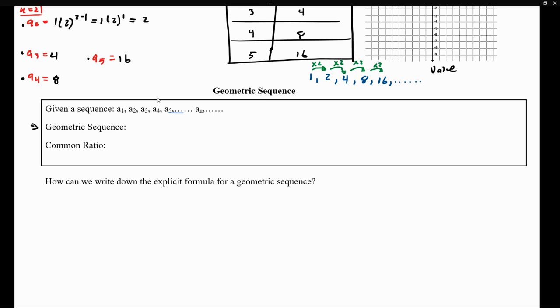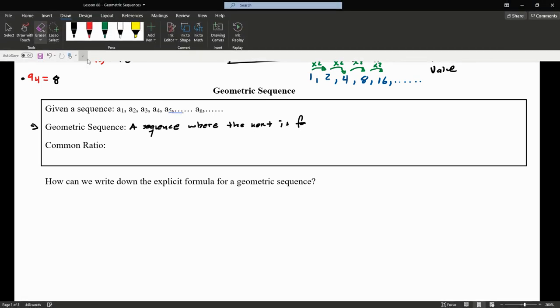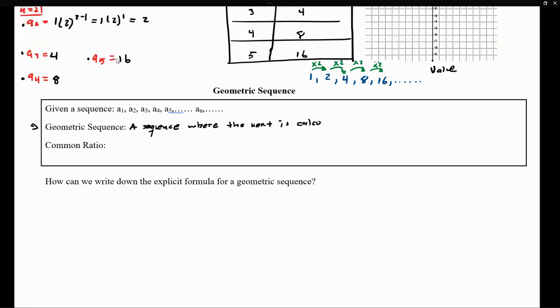A geometric sequence is a sequence where the next term is calculated by multiplying or dividing by a constant number.